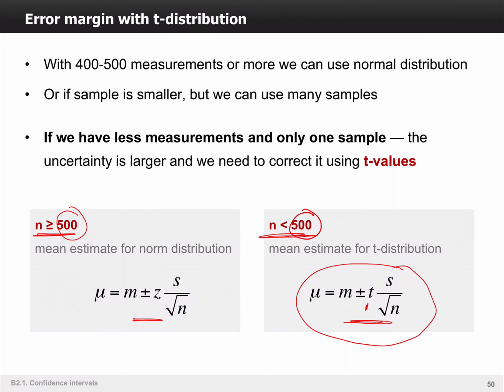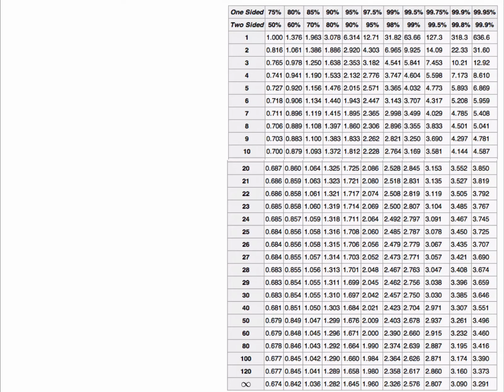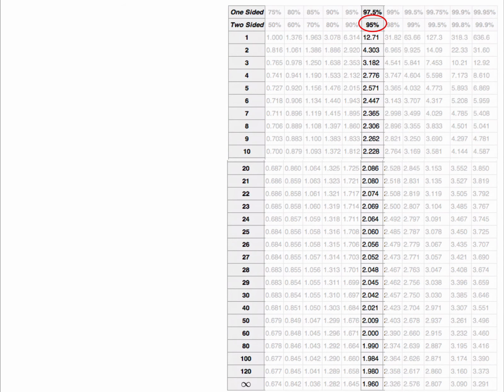So this is how many standard errors we should go from the average to get a certain number of values in between. This is the table of t-values for 95% confidence. These numbers are degrees of freedom, so the sample size is that plus 1.